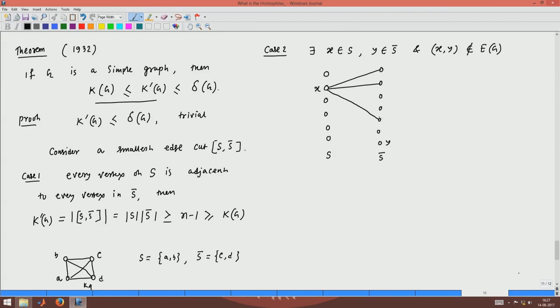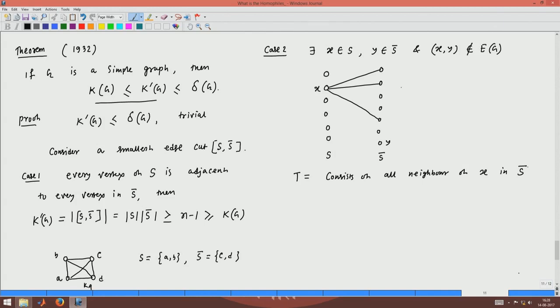I will construct a set T. T consists of some vertices such that if I remove the vertices in T, there will be no path between x and y. So, first T consists of all neighbors of x in S complement.